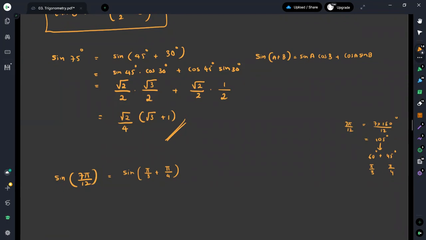Then here you are again getting the same form as sine(a plus b).